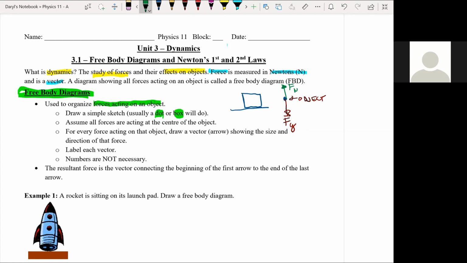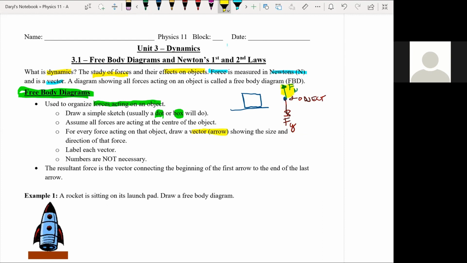The surface also exerts a force on the object in this particular case. We will make an assumption that all the forces act on the center of the object. For every force acting on that object, draw a vector arrow.